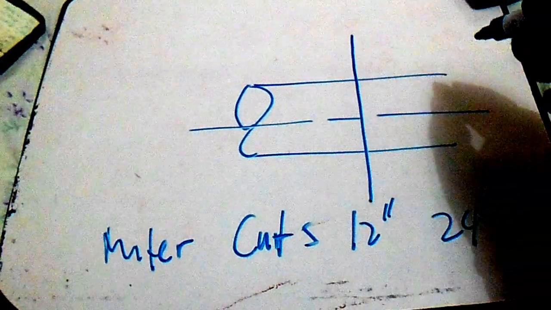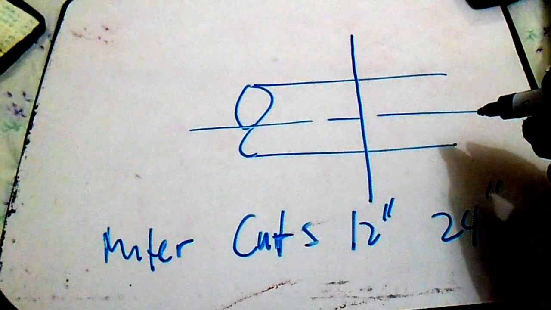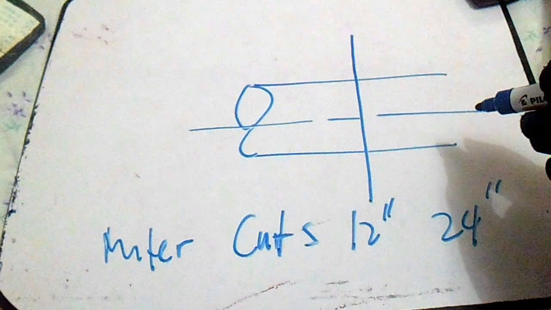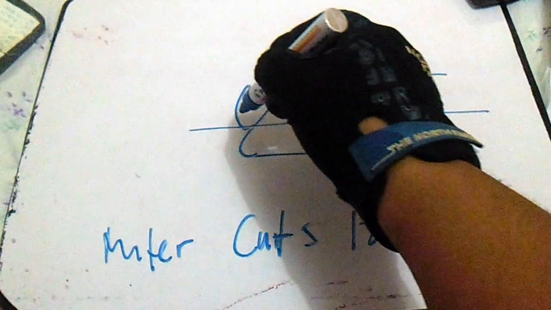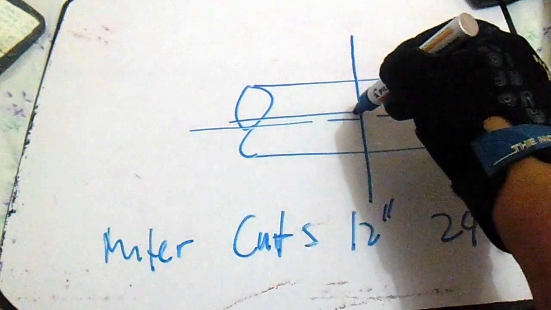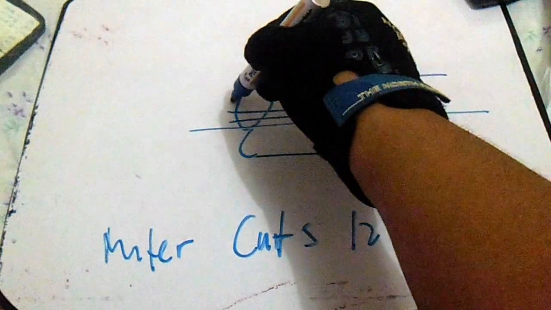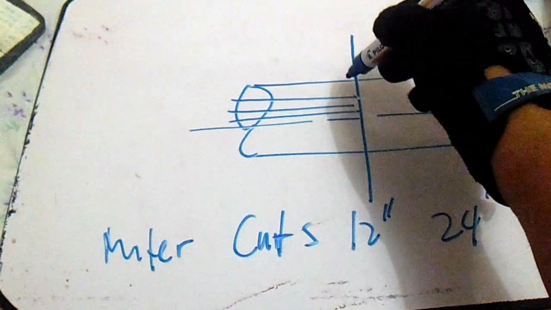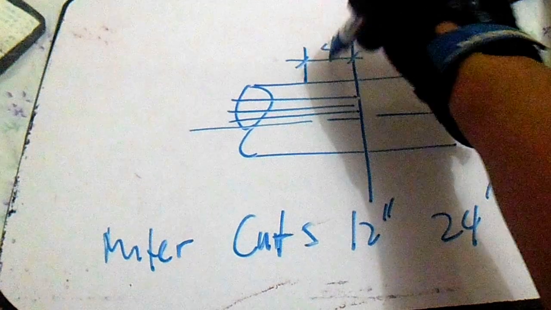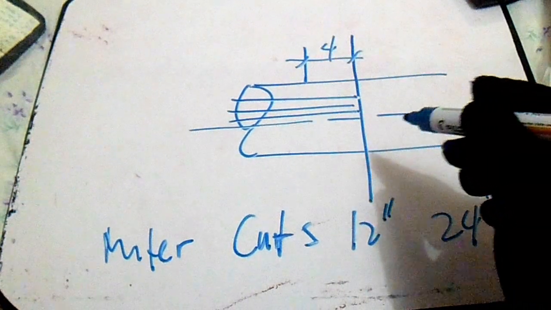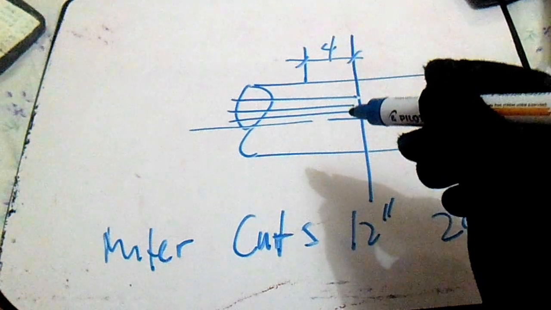So in this miter cut we have line number 1, line number 2, line number 3, and line number 4. This is a 90 degrees cut.